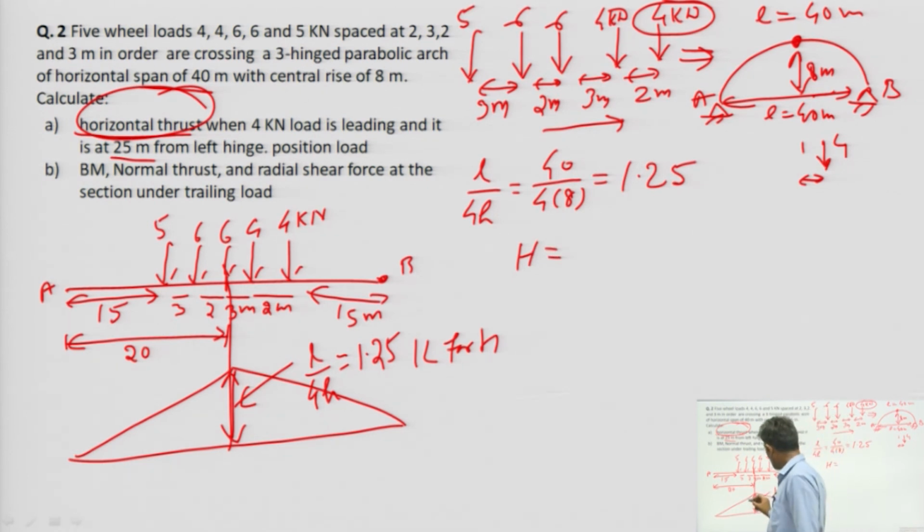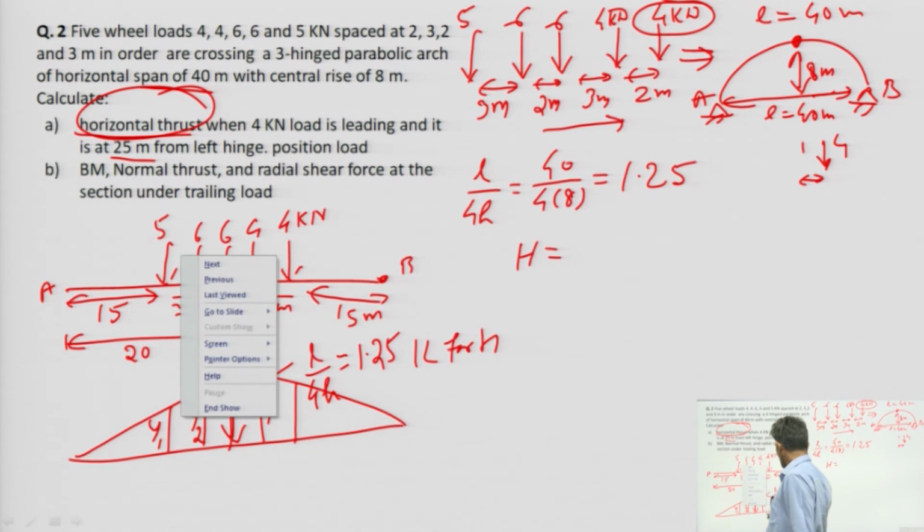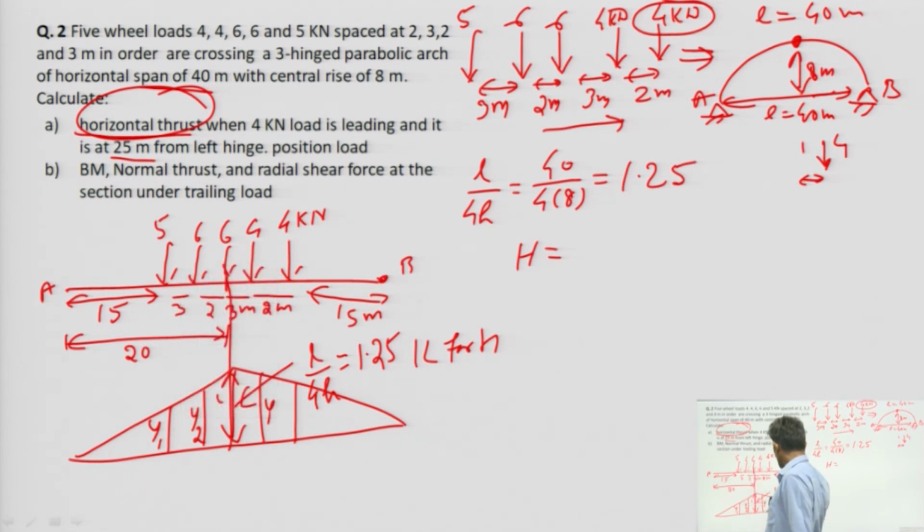Okay. So, the value of H will be calculated from the ordinates. Say this is y 1, say this is y 2, and this is known to us. Suppose this is y 3, say this is y 4.